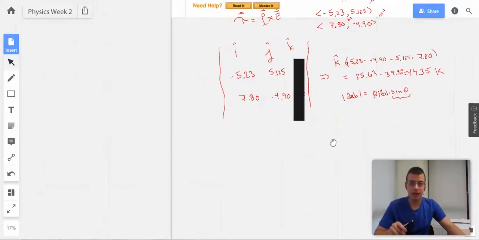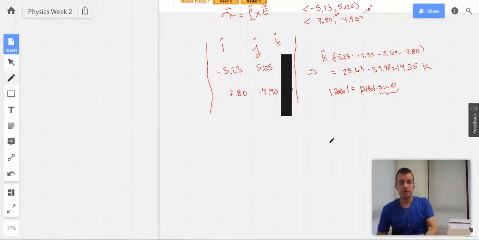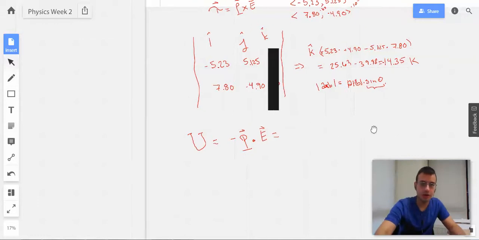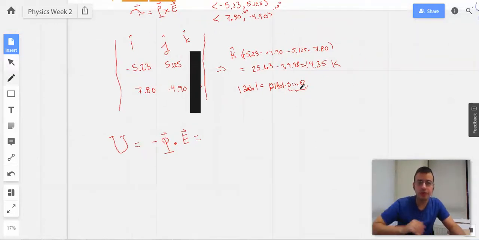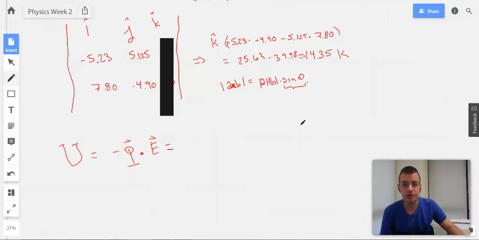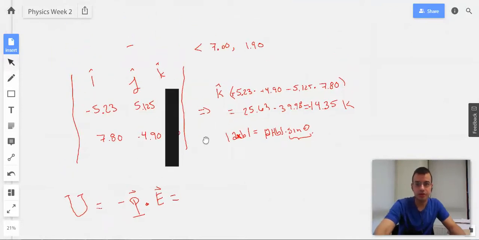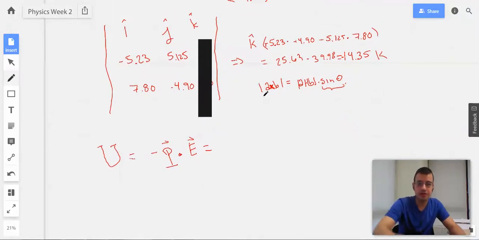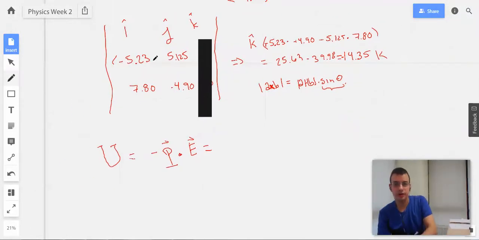So for the energy, I'm going to say they like to use U, which I'll go for, equals negative electric dipole dot electric field. So we're going to use a dot product. For this one, scroll up, there's our two vectors written right here.